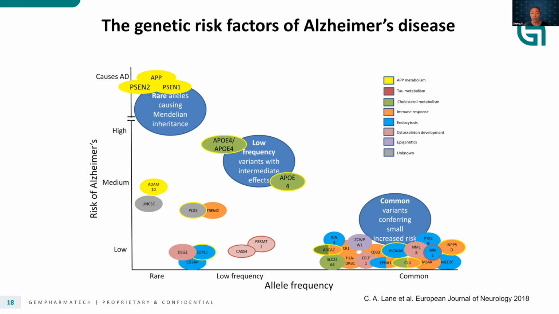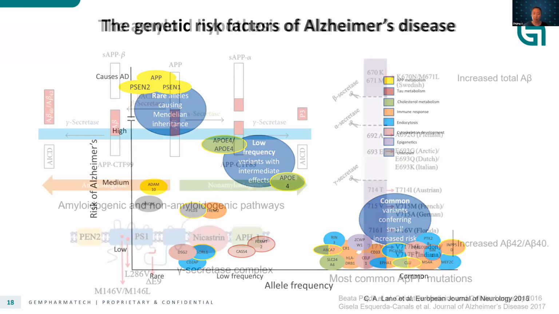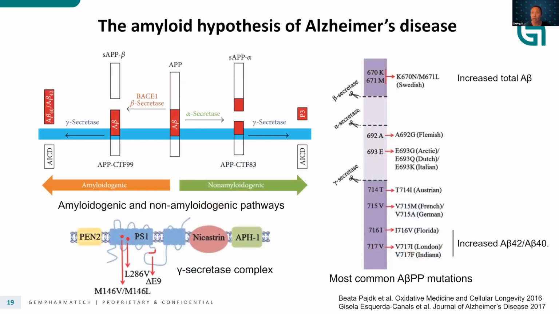So with this idea in mind, the first thing that we set out to do is to develop a model based on the amyloid hypothesis. Here is a summary slide for how the APP protein can lead to the pathogenic A beta amyloid protein. On the left is the biochemistry of the APP protein. The APP itself can be cleaved in different ways.